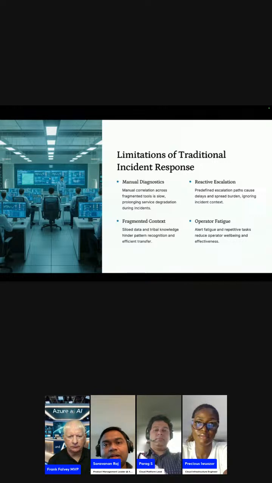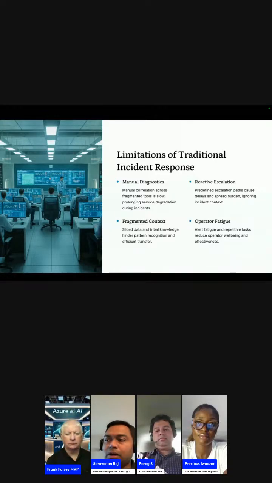Now, if you look at the limitations of our traditional incident response, you have four buckets of problems. First one is manual diagnostics. The correlation of various dependent systems, and fragmented diagnostic tools that are split across various organizations within any large enterprise, just cause degradation and constant incidents and outages for customers.